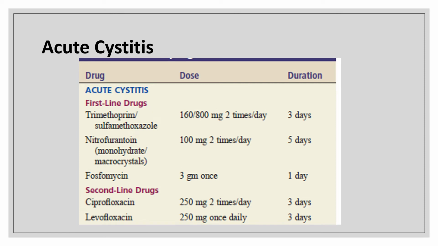For the treatment of uncomplicated cystitis, trimethoprim-sulfamethoxazole is the drug of choice. In communities where resistance to this drug is 20%, the fluoroquinolones, ciprofloxacin or levofloxacin, are good alternatives. When adherence is a concern, fosfomycin is a good choice.